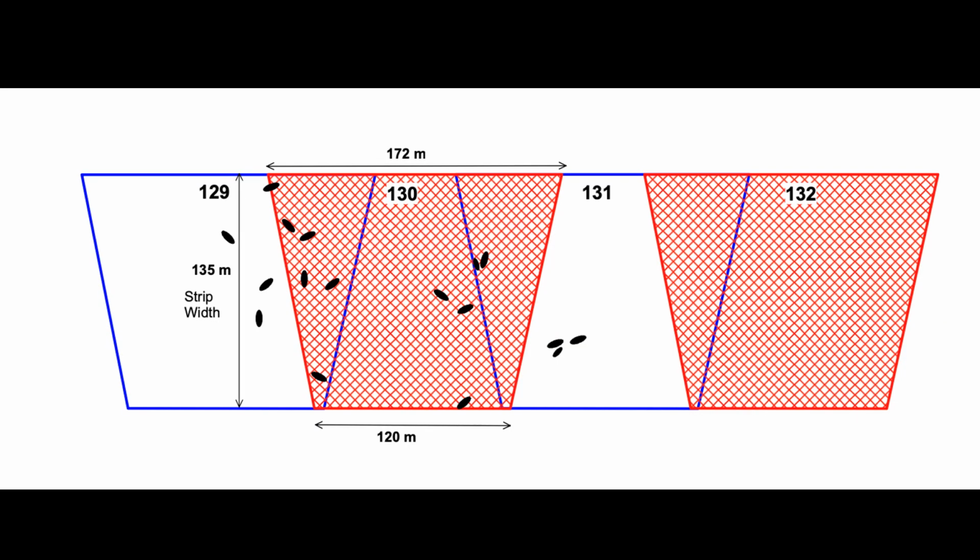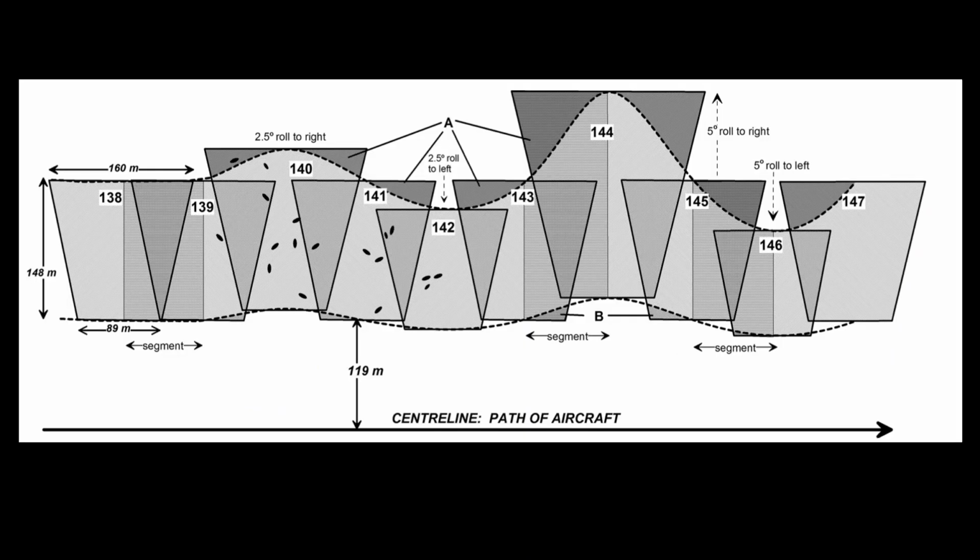What we end up with is a series of overlapping trapezoids as you fly along the flight path. This gives a bit of a better picture of what is actually going on, because as the aircraft rolls, the trapezoid geometry can change.